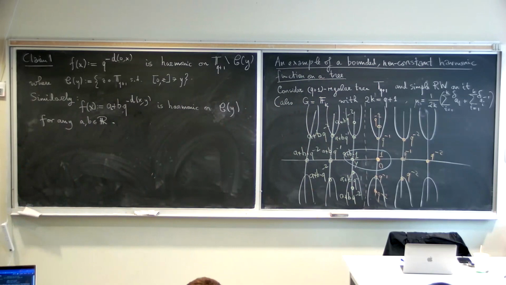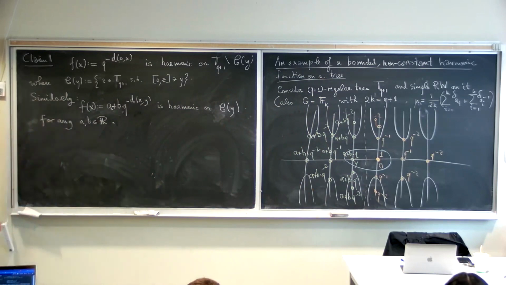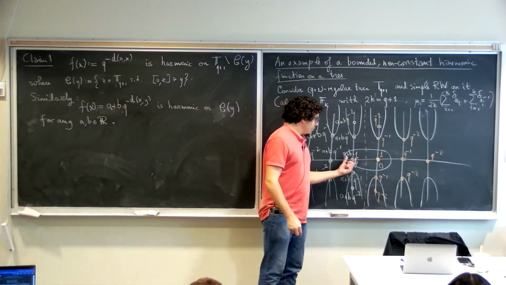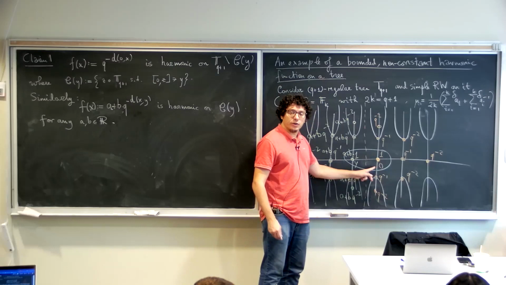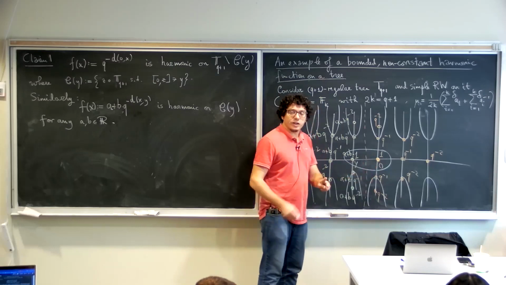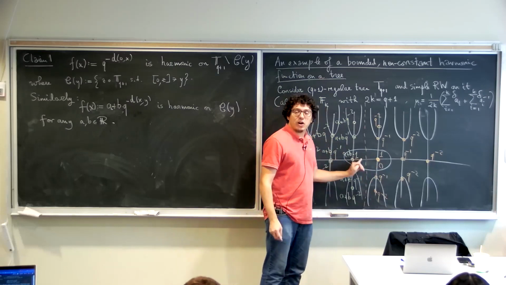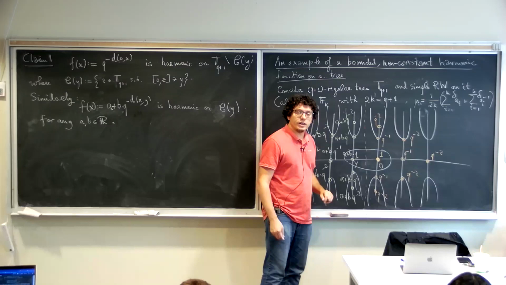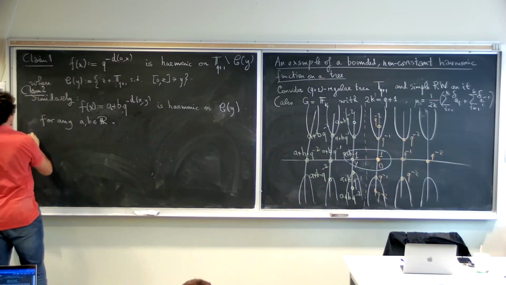And now you start seeing why this is good. Because now we have two nodes to control, for which the condition potentially still fails. We don't know. But we have 2 degrees of freedom because we have a and b, these two parameters. So now we can fix these parameters, set them so that the harmonic condition also holds on 0 and on y. So this is claim 2. And this is claim 3.